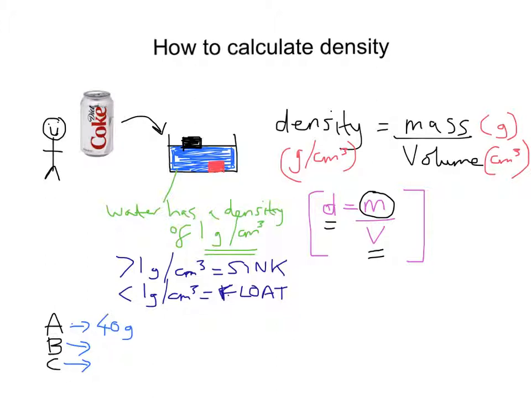We're going to say the mass of B is 50 grams. We'll say the mass of C is 80 grams. So here we've got our mass.